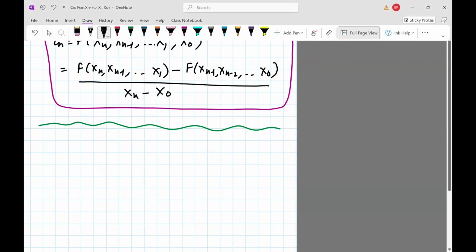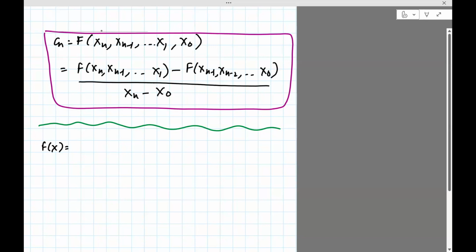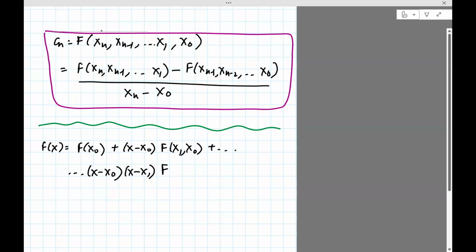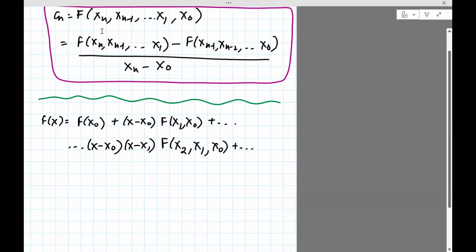So the equation will look like this: F of x0, this is the first constant c0, plus x minus x0 times uppercase F x1 x0, plus x minus x0 times x minus x1 times F x2 x1 x0, and then it just keeps going till we end up with x minus x0, x minus x1, and so on till x minus x n minus 1, times F xn, x n minus 1, and so on till x0.